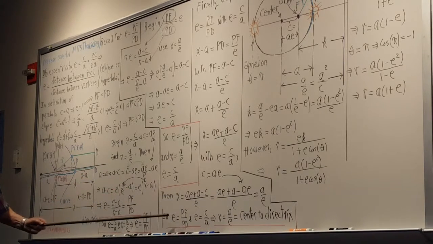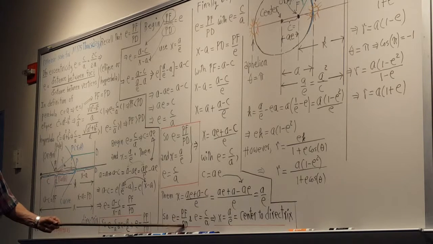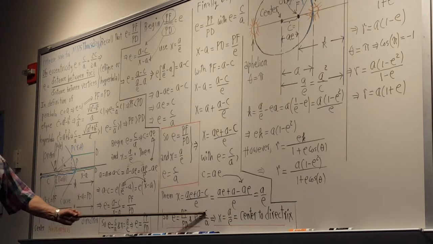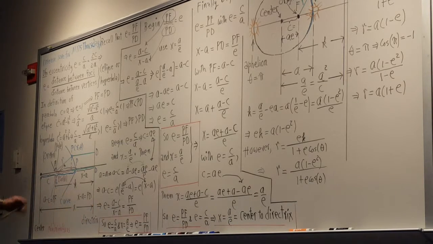So if you assume E is this ratio of distances and C over A, then you can get that the distance from the center to here that I called X has to be A over E.